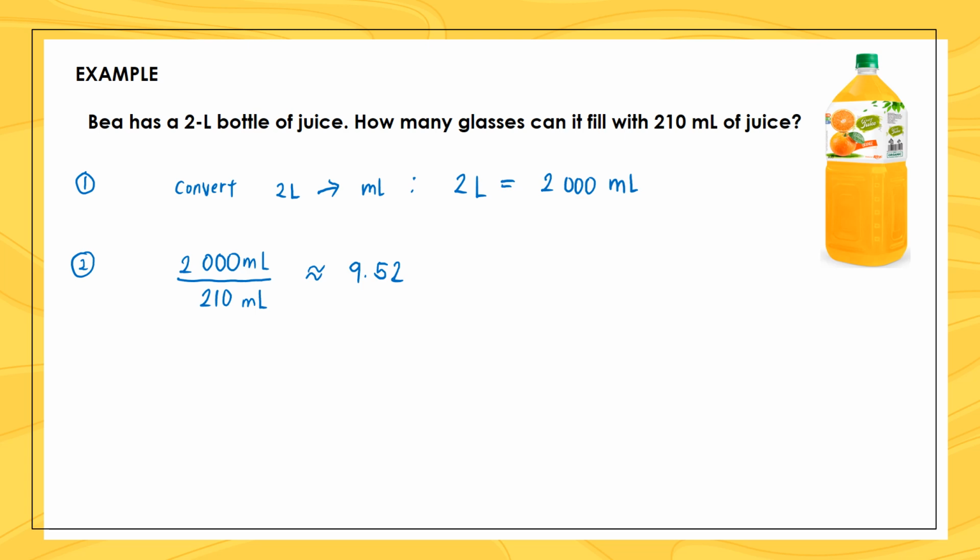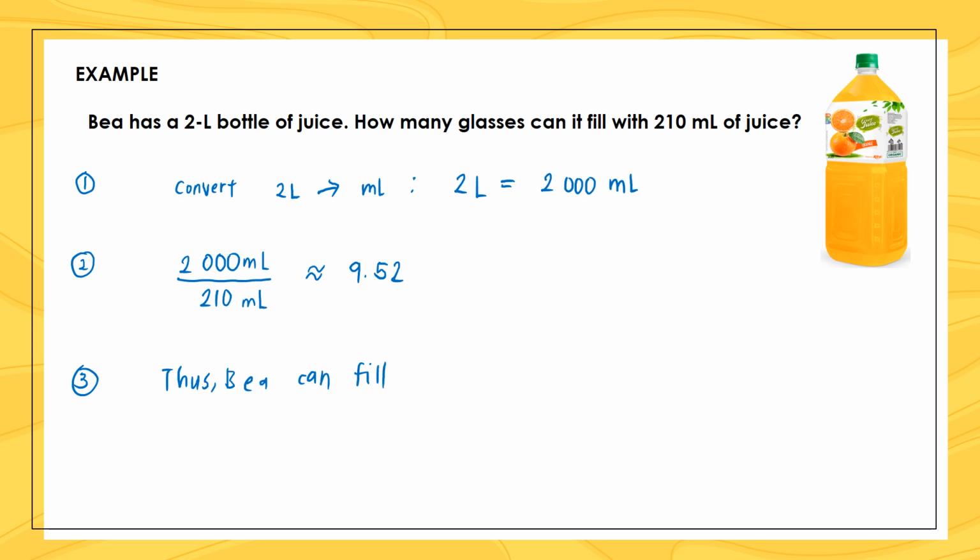Final answer. Thus, Bea can fill how many glasses with a 2 liter bottle of juice. Here's your final answer. Just get the whole number, right?